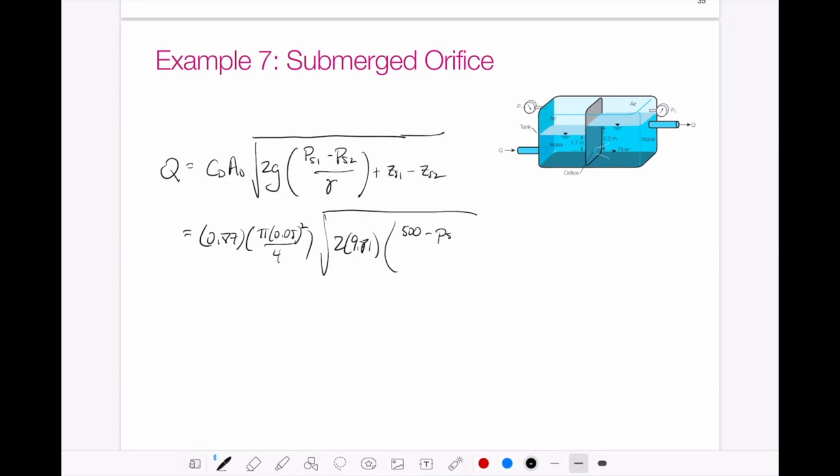We're trying to find PS2. Our specific weight of water is 9.79 kilonewtons per meter cubed. Then ZS1 was 1.7, and ZS2 is 2.3. Our discharge was 10 liters per second, or 0.01 meters cubed per second.